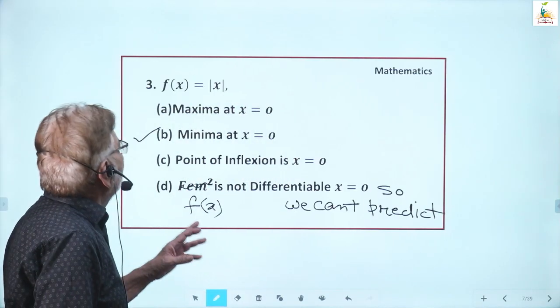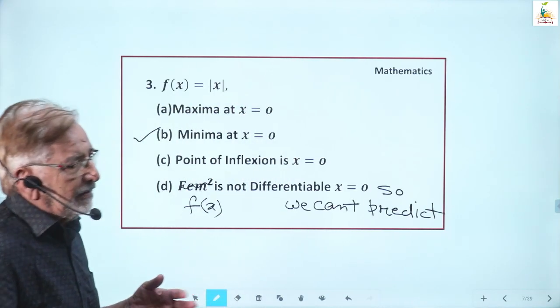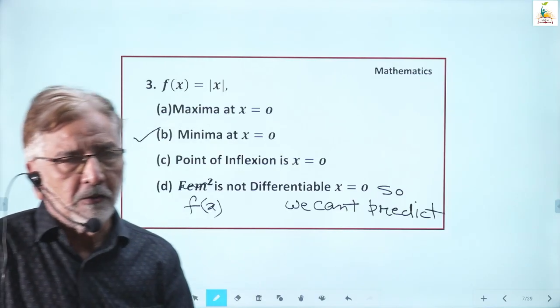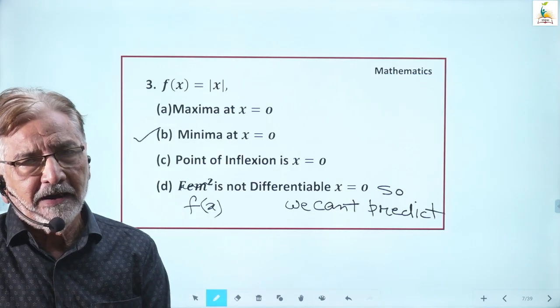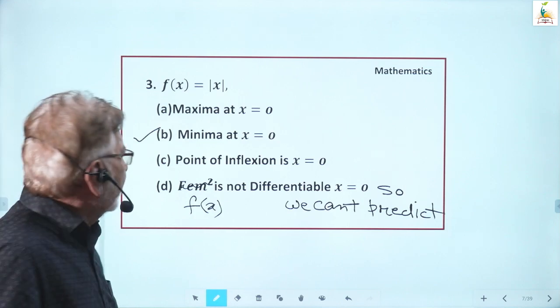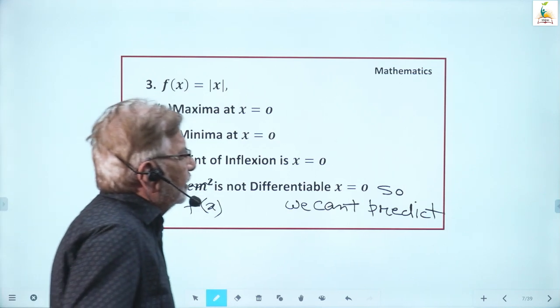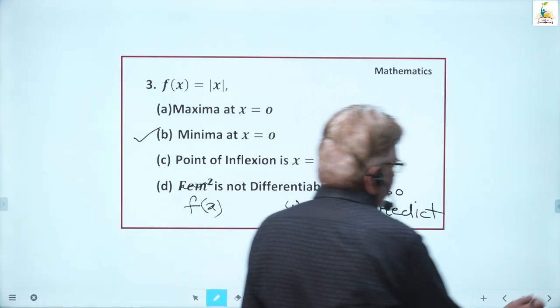So again I am telling you, f(x) equal to mod of x can be written as f(x) equal to minus x when x is less than 0, and x when x is greater than 0. So function is minimum at x equal to 0.